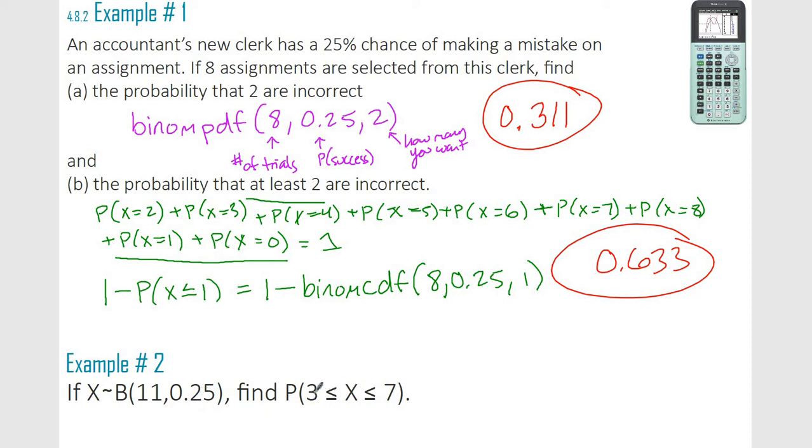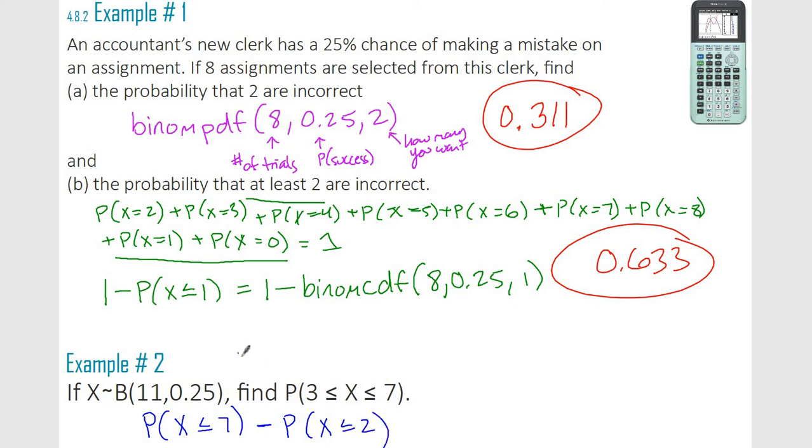And then we want between 3 to 7 out of the 11 trials to be successful. We have to have exactly 3, 4, 5, 6, 7. So what we can do is the probability of x being less than or equal to 7 and subtract the probability of x being less than or equal to 2.